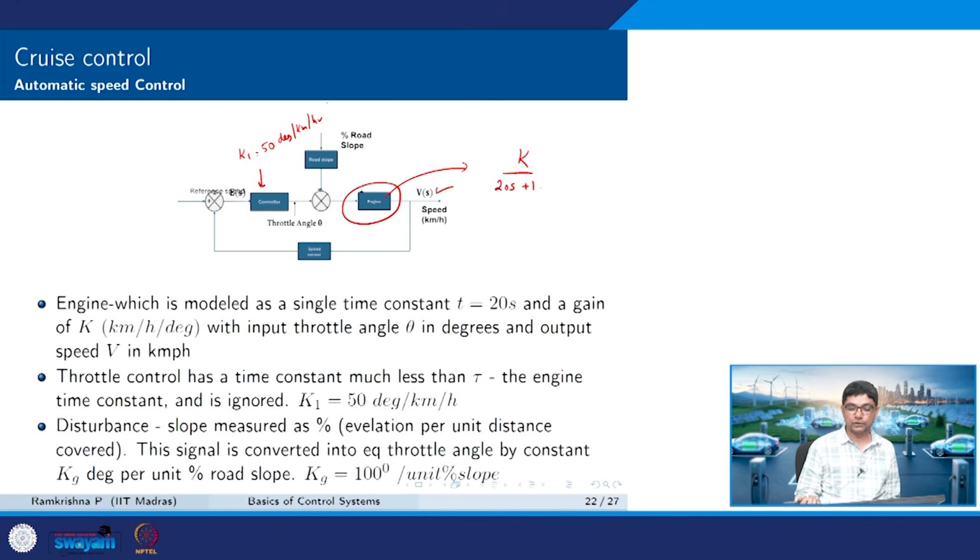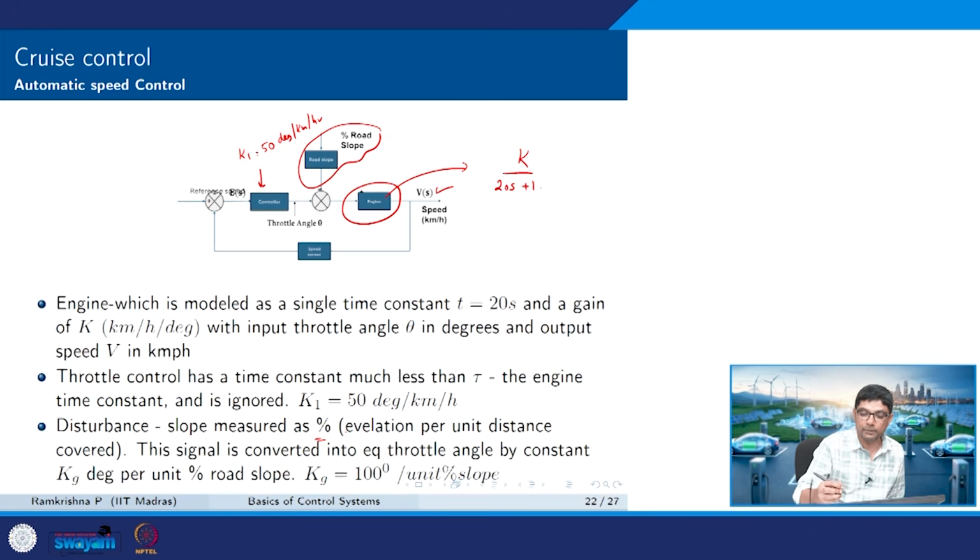Okay. Now, everything is fine as long as I can just speed up or speed down based on my reference and the actual. Things will be drastically different when I have an upslope or a downslope. Okay. So, the disturbance I will measure as percentage elevation per unit distance, and this signal is converted into an equal throttle angle.